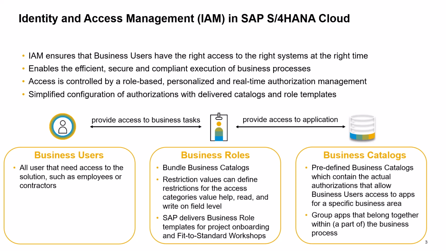As we'll see in the demo, the user that has the roles assigned to them is a business user, so that is the identity in S/4HANA Cloud. The business user actually has no security credentials maintained on them. So we use single sign-on to get into S/4HANA Cloud, which we'll take a look at.